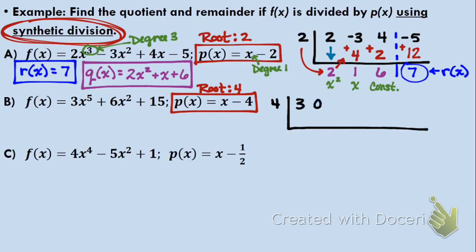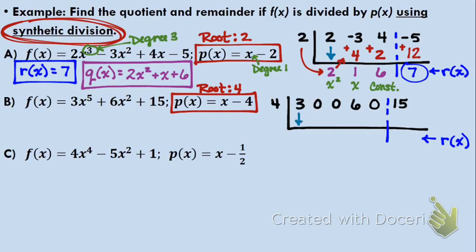X to the 3rd? 0. X squared? 6. X? 0. And then my constant? 15. You have to get those zeros in there. If you don't, it is incorrect. So here's where r of x will end up.